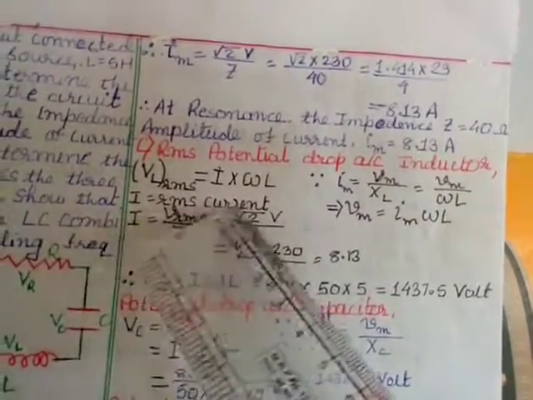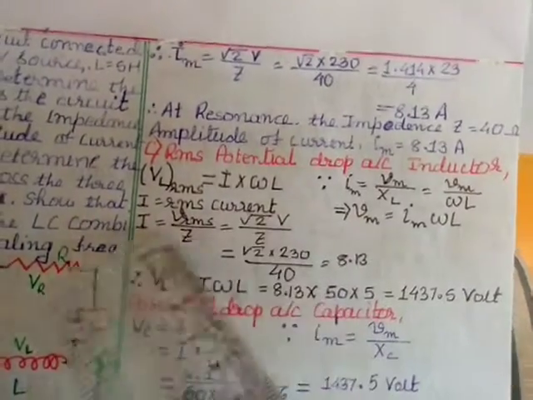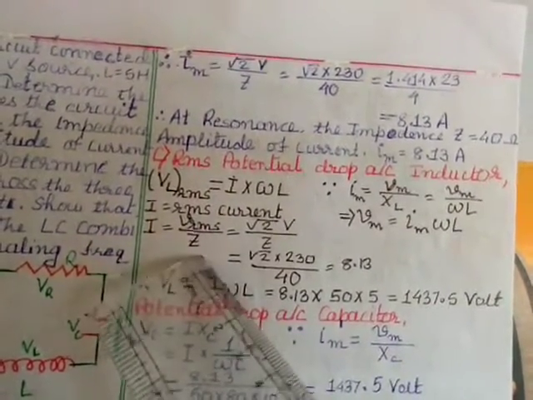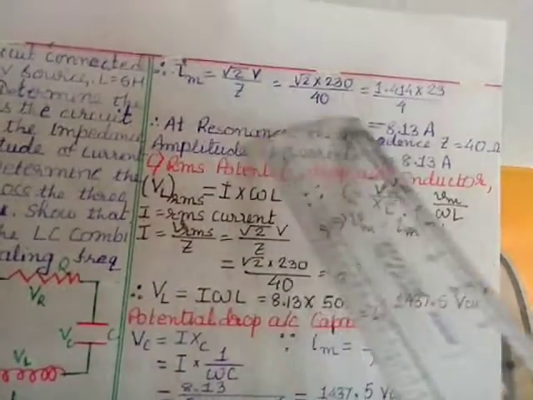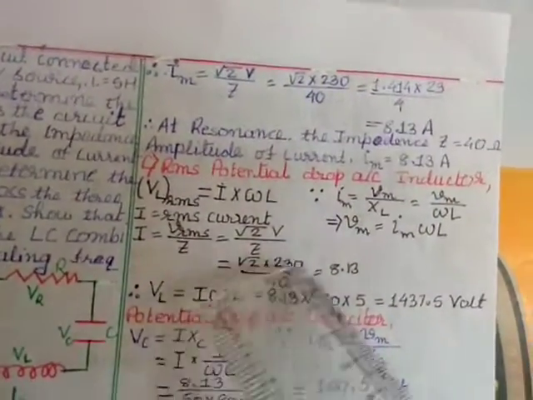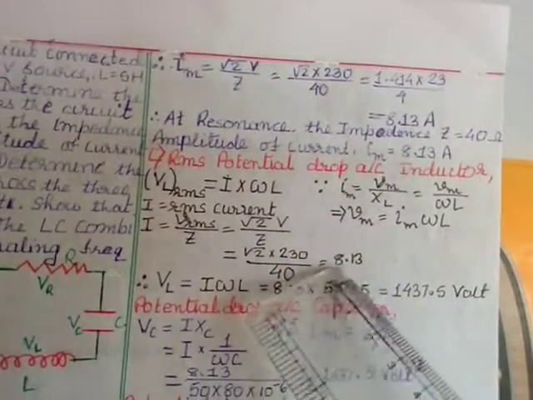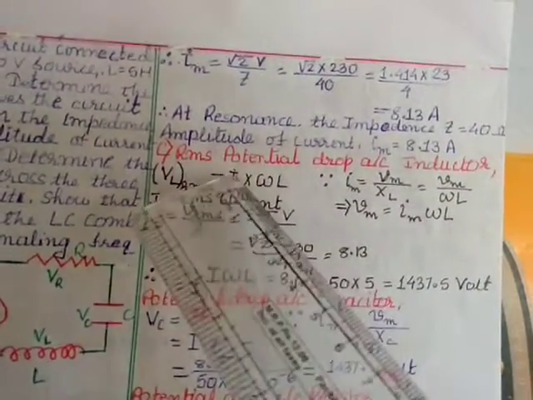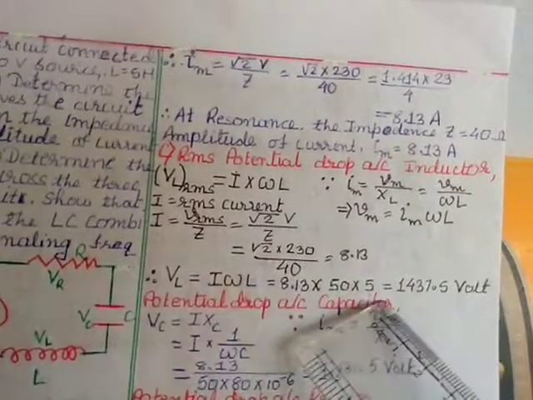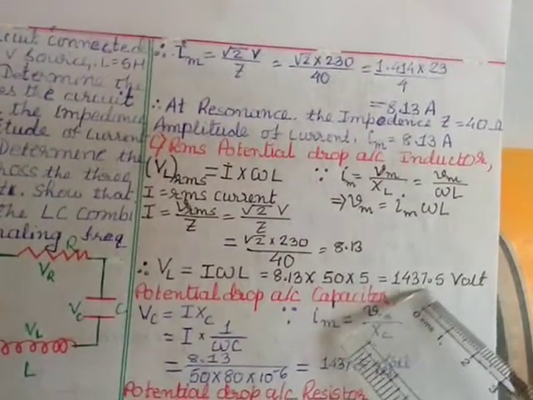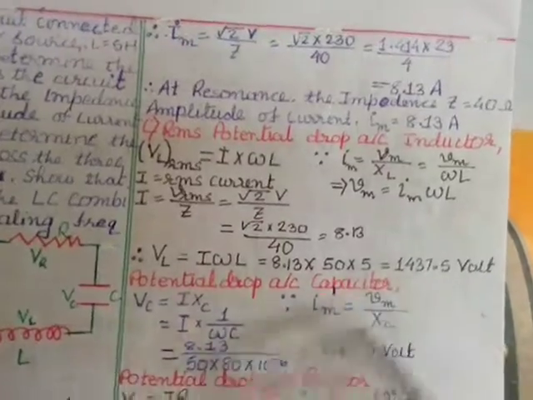Here I is the RMS current, given as VRMS by Z, and VRMS is root 2 V divided by Z, just like the above calculation. The answer will also be the same, 8.13. So put this I value as 8.13, omega as 50 and L as 5. Simplify, you get 1437.5 volt.